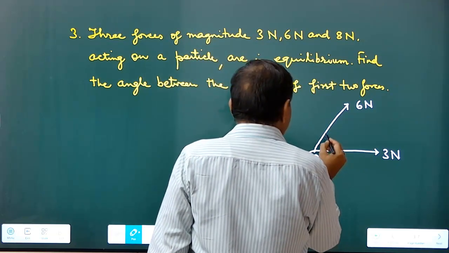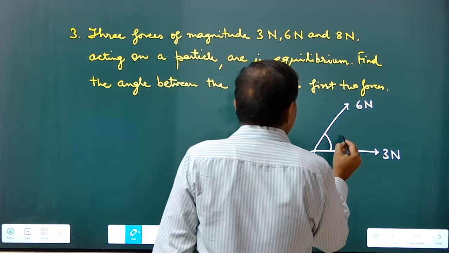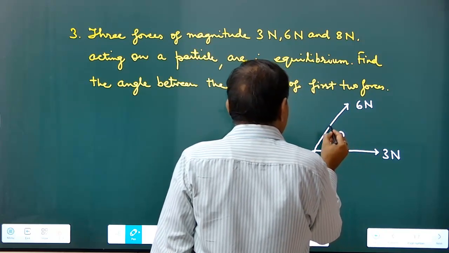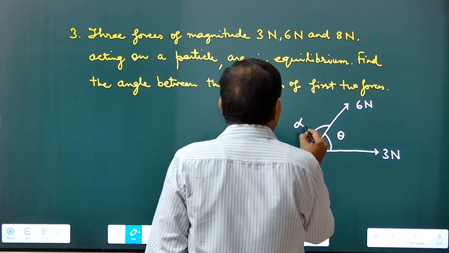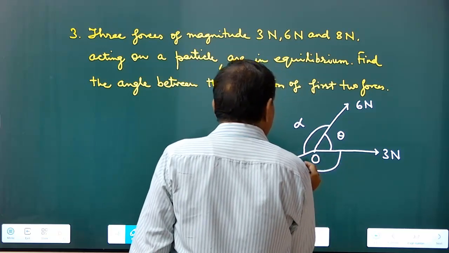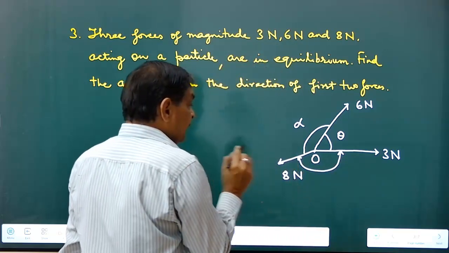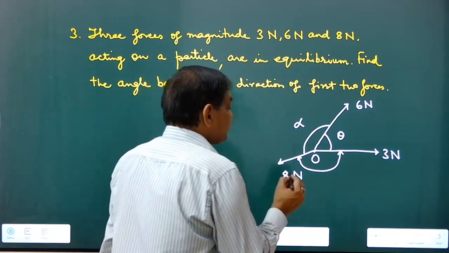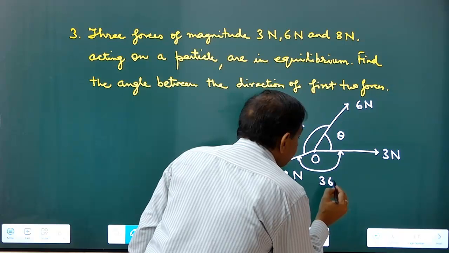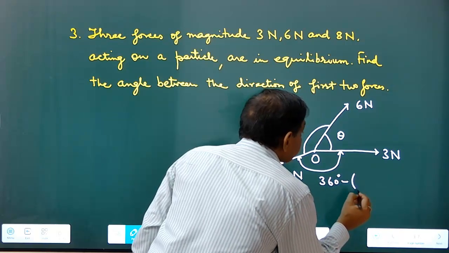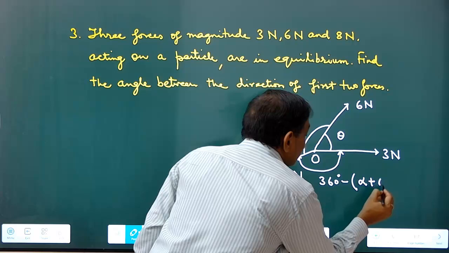Let us also say that this angle is theta, this angle is alpha, so the remaining angle between 3 Newton and 6 Newton is 360 degrees minus (alpha plus theta).